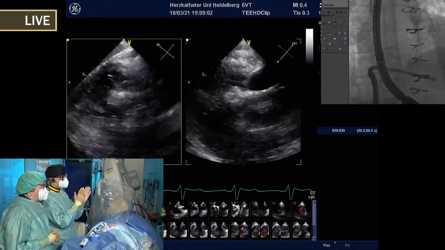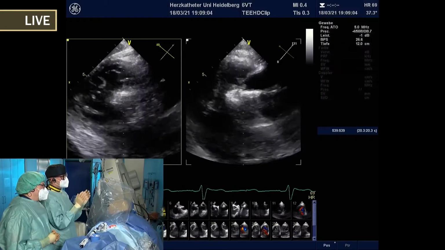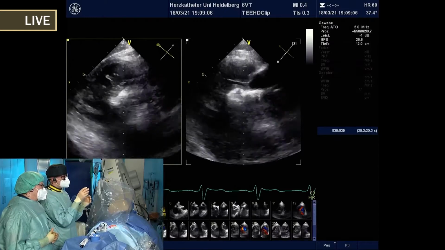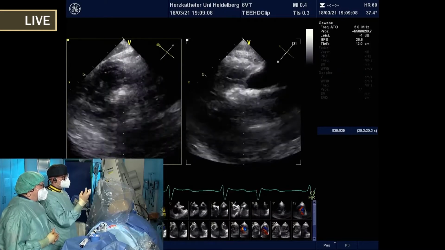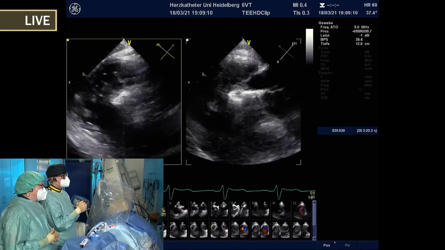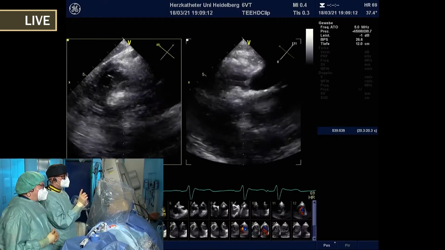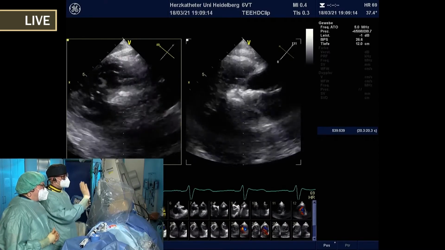Yeah, so we exclusively use PASCAL Ace for tricuspid because the device has a little bit narrower profile, and when you maneuver in these chordae of the tricuspid, which are really more pronounced than in the mitral valve, it's a little bit easier to navigate the device within the chordae.